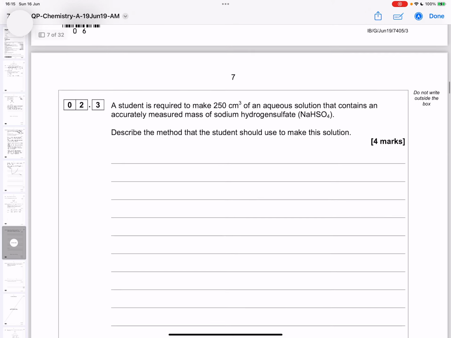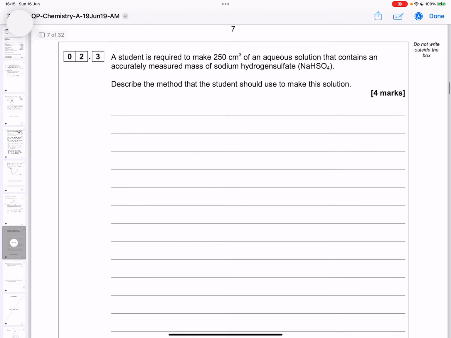The next part of the question is asking us to describe how you would make a solution of 250 centimetres cubed of an accurately measured mass. So it's a standard solution and it's an accurately measured mass, so that's weighing by difference. Let's find the mass of a weighing boat and the sodium hydrogen sulfate.